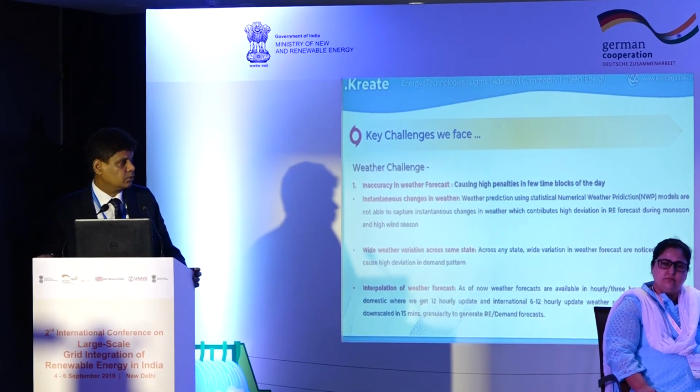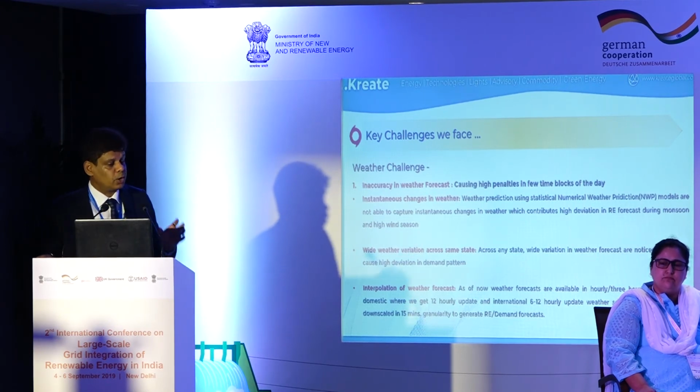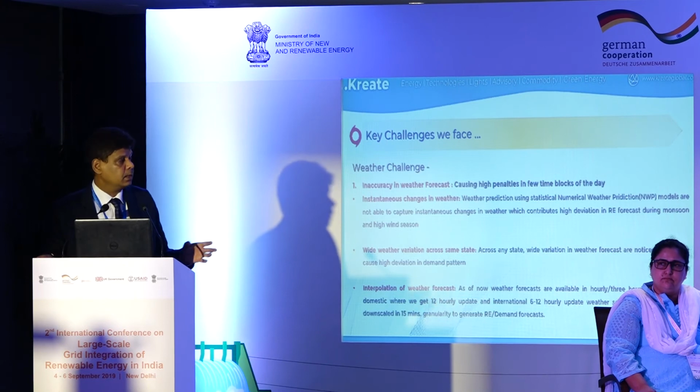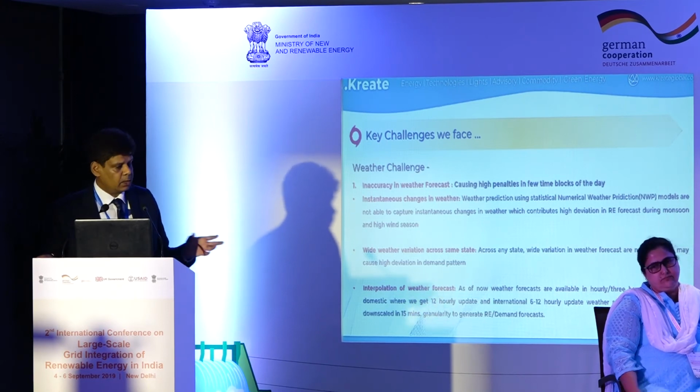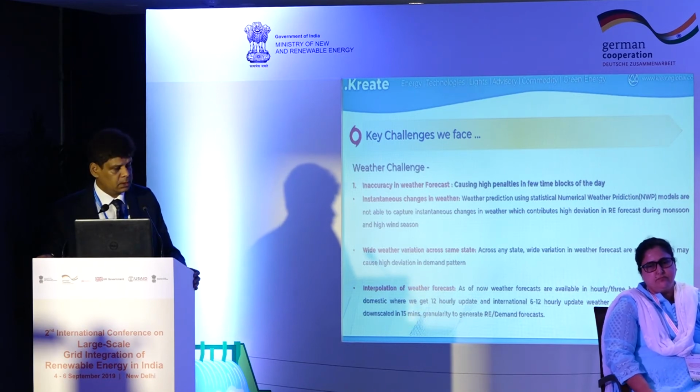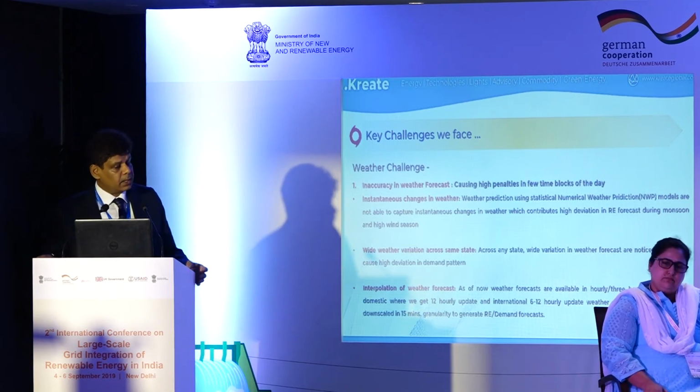So 96 into 30, you might be right, but if you're getting the errors very high in 3 or 4 blocks, the size of the penalty which you will incur will be humongous. So that's why it is important to get it right, and right in each block. And that is where we are facing difficulties, especially in the monsoon period. The months of August and July are the worst, because at this time it's very hard to predict the sudden disruption in the weather condition.